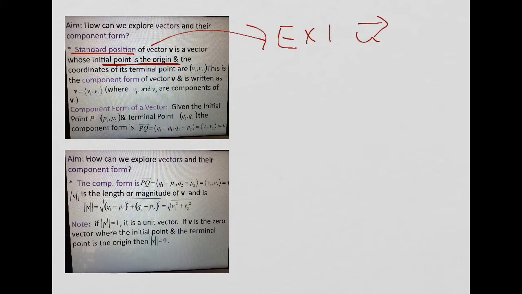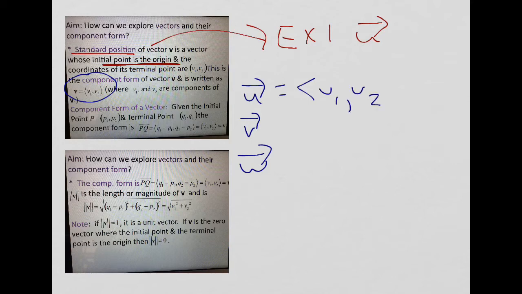And it indicates v sub 1 and v sub 2. V sub 1 is a component of vector v, and v sub 2 is a component of vector v. Okay? All vectors have component forms. Like if you say vector u, vector v, vector w, that means that they're already in component form. And you can have different indications if they're different letters.